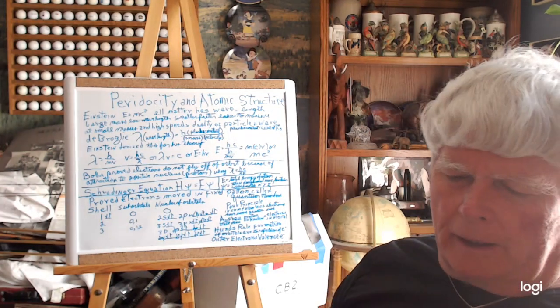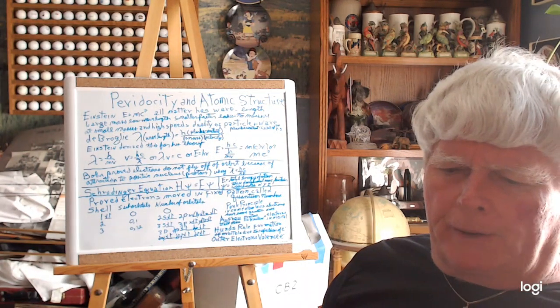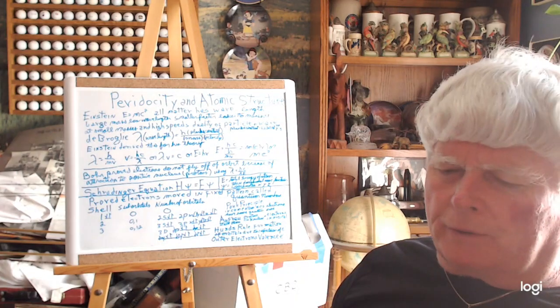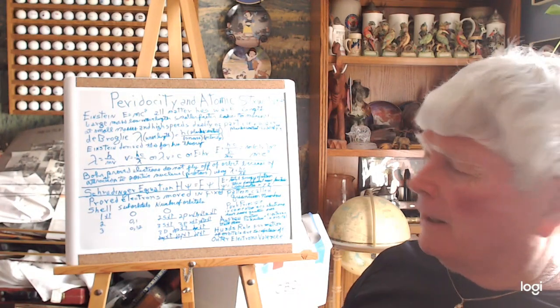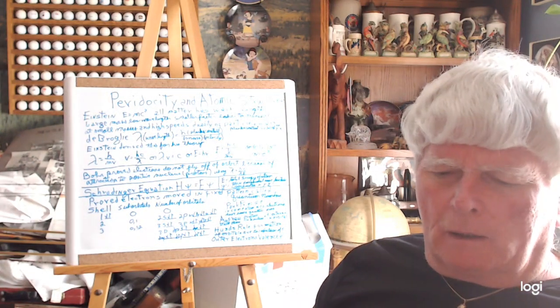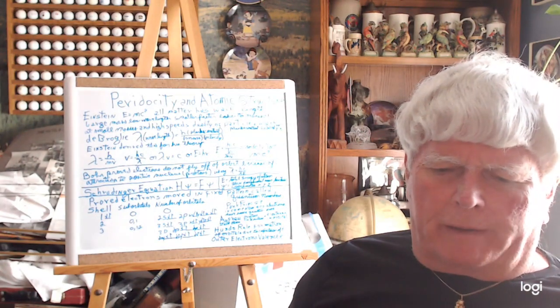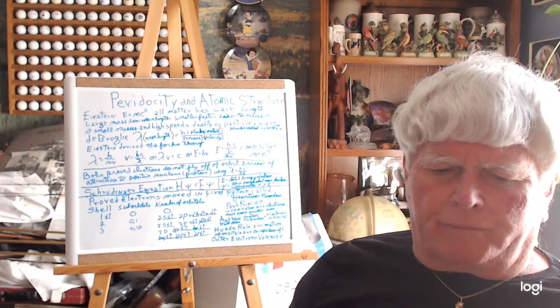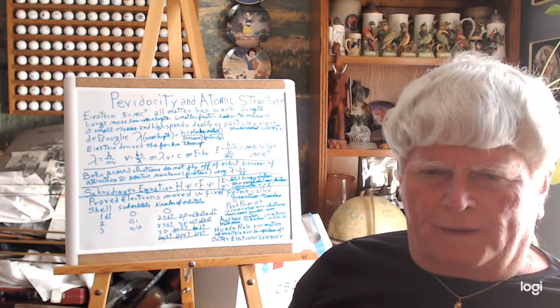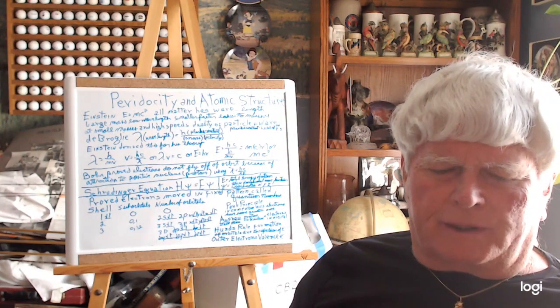Last for today is periodicity and atomic structure. Now, Einstein is famous for his E equals mc squared. Basically, it means all matter has both wavelength and particle characteristics.